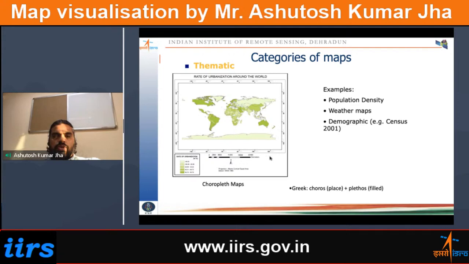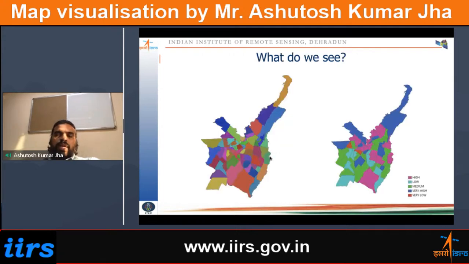So let's take an example of how we represent data sets when we want to create a thematic map. This is basically the different wards of the Dehradun area. It's a municipal boundary area, and within that you have different wards, and there is some information available to you.